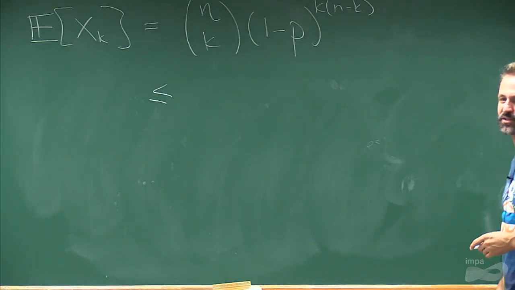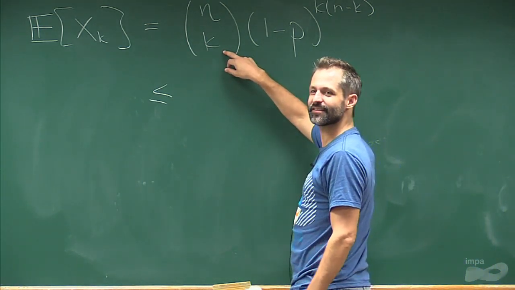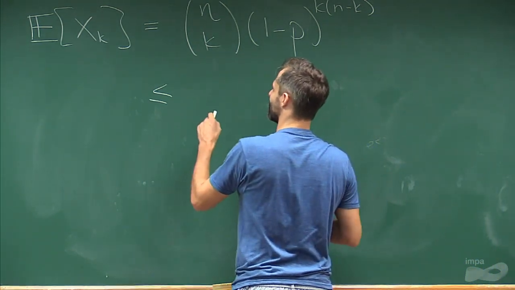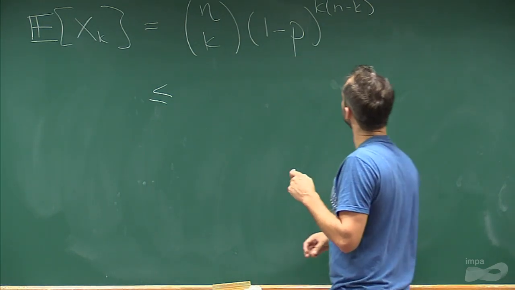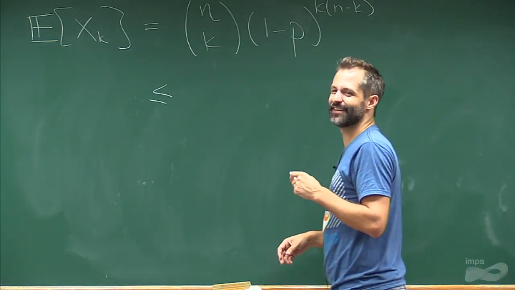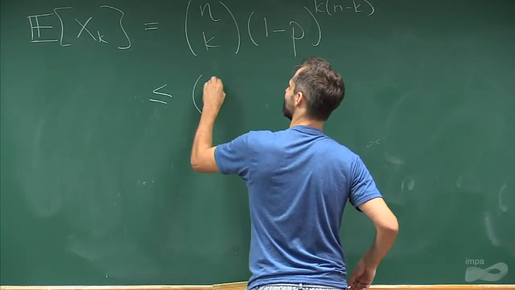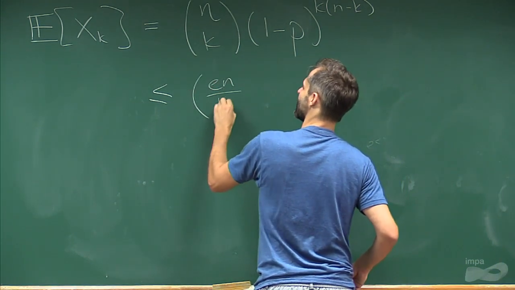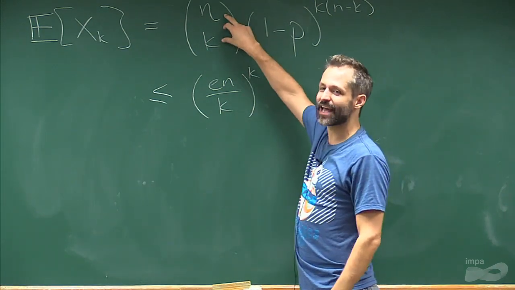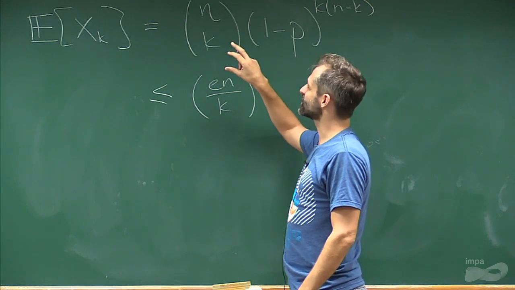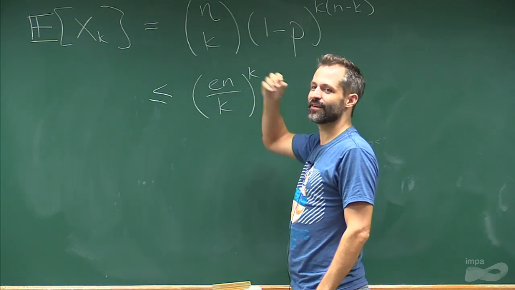Who remembers their bounds on these things? This is at most en over k to the power of k. You're right that n to the k is an upper bound, and often that's enough.